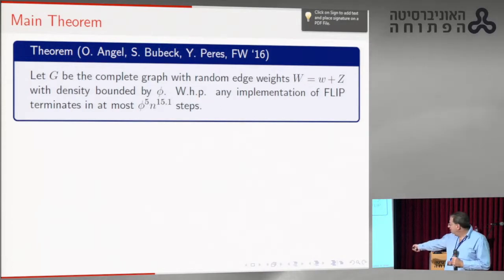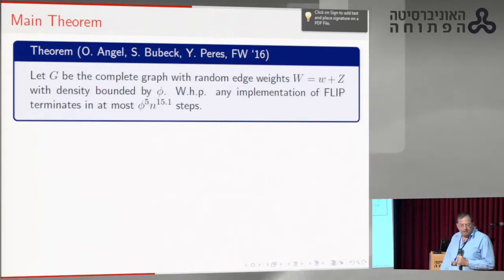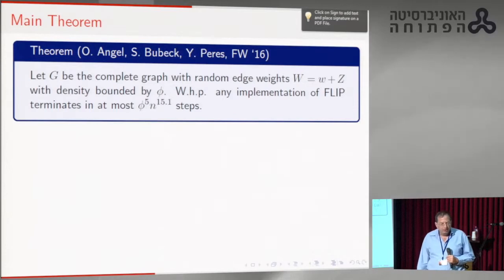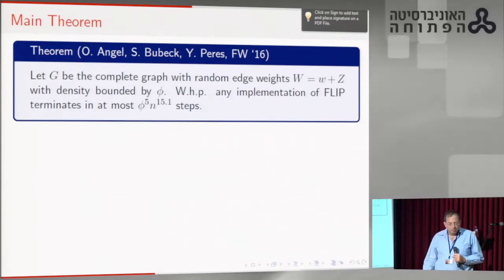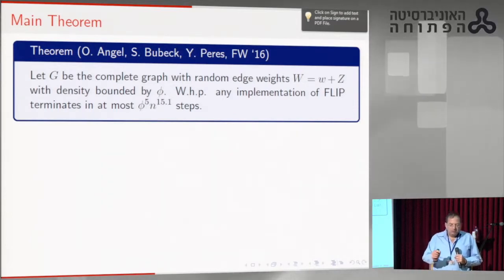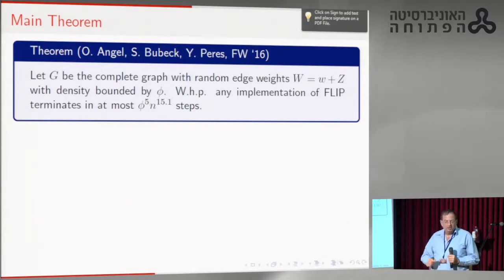Here it is. Okay, so assume the perturbation has a density bounded by phi, right? So if you perturb in an interval of length 1 over 1,000, then the density will be bounded by 1,000 in that interval.